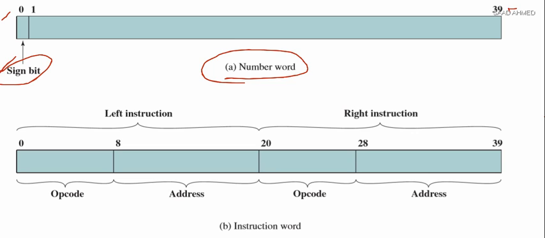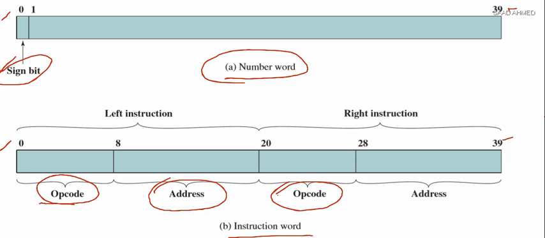If you want to see how instructions are stored, the instruction word is again 0 to 39, that is 40 bits, and the first 8 bits carry the opcode, the operational code. The next 12 bits carry the address. The next 8 bits again the opcode, and the next 12 bits again the address. So this is how the instructions are stored.